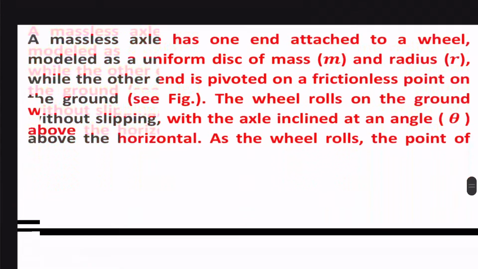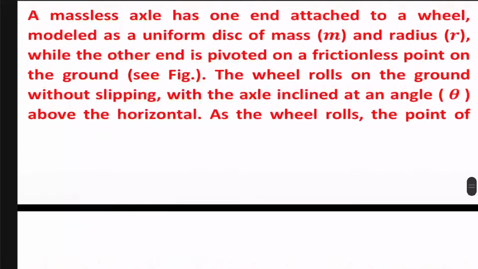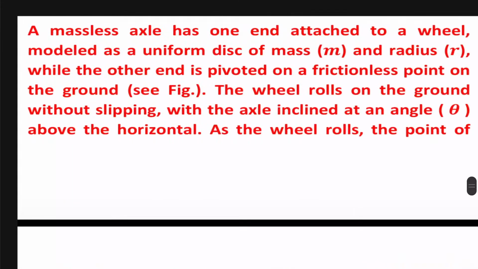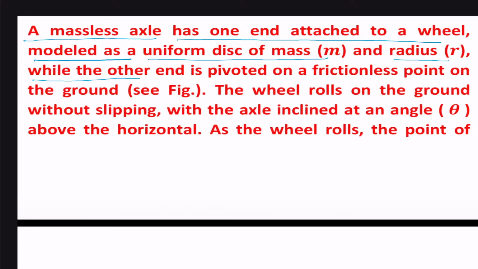So now we come to our third question. In this question it states that a massless axle has one end attached to a wheel modeled as a uniform disk of mass m and radius r, while the other end is pivoted on a frictionless point on the ground as in the figure.